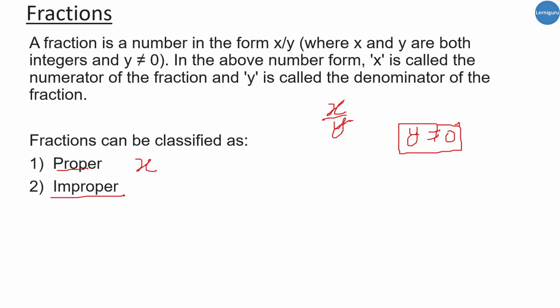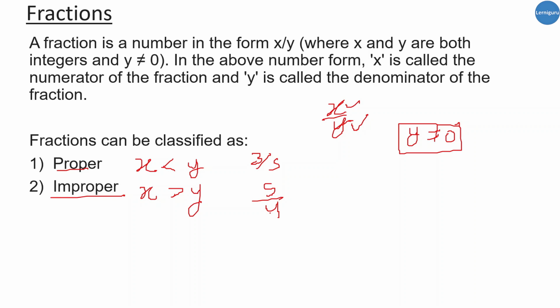Here x is called the numerator and y is called the denominator. When the value of the numerator is less than the denominator, this is called a proper fraction. And this is called an improper fraction when the value of the numerator is greater than the denominator. For example, this is a proper fraction, whereas this is an improper fraction.